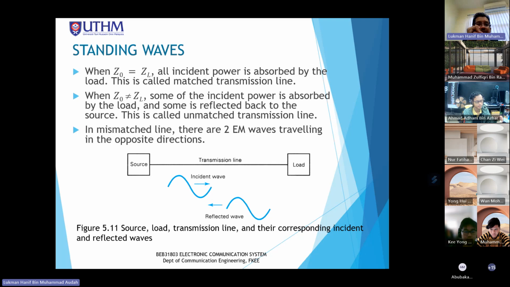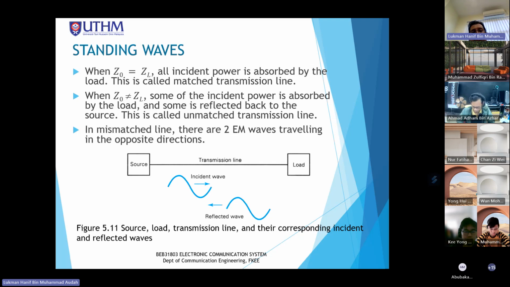Standing wave happens when the load impedance is not equal to the characteristic impedance. Before we go through this, we have to see this picture first.